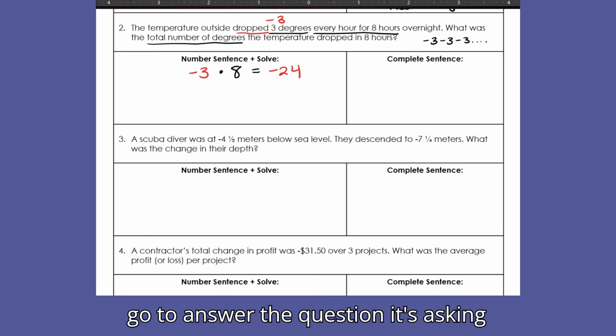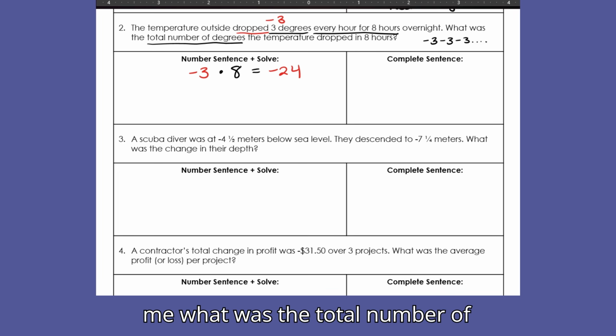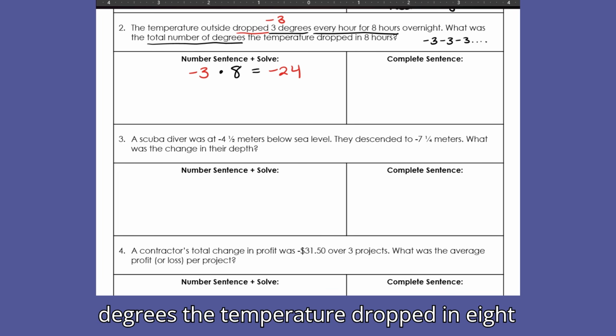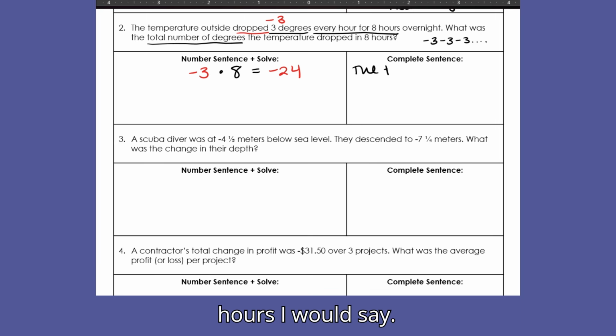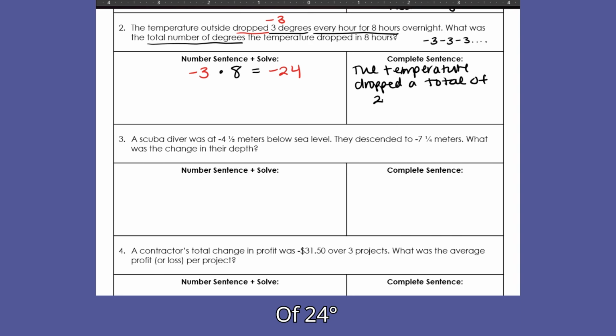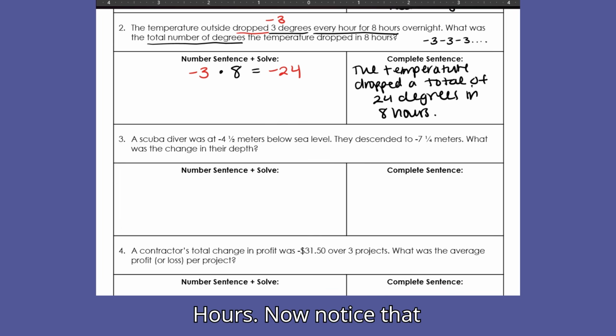Now, when I go to answer the question, it's asking me what was the total number of degrees the temperature dropped in 8 hours? I would say the temperature dropped a total of 24 degrees in 8 hours.